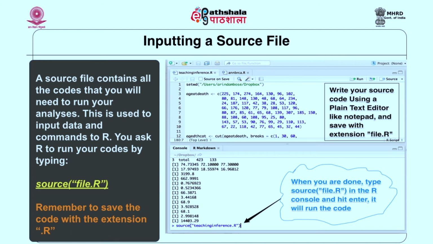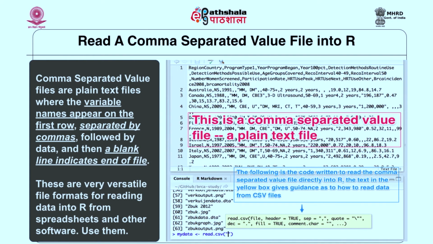In our first instance, we are going to see how to read a comma-separated value file into R. A comma-separated value file is a very simple data file where all the variables are present, but these are separated by commas.